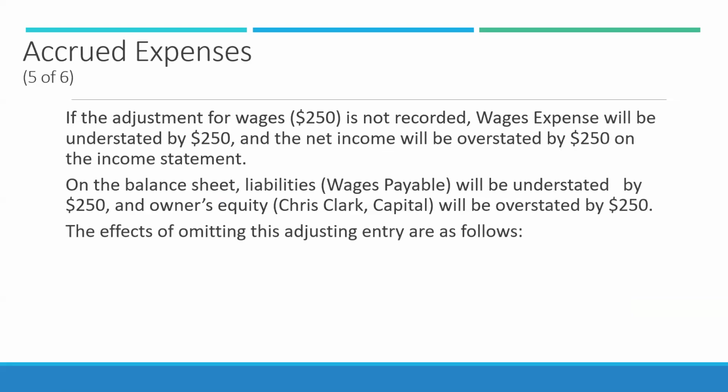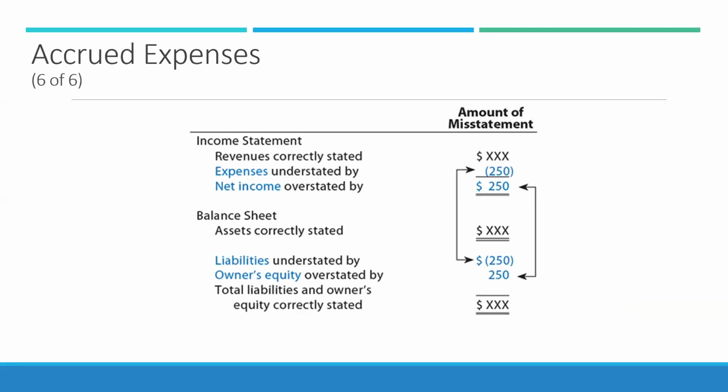If the adjustment for wages, $250, isn't recorded, then wage expense is going to be understated by $250 and net income will be overstated by $250 on the income statement. So when we're dealing with accrued expenses, if we don't record the expense, our net income gets overstated and our liabilities get understated.